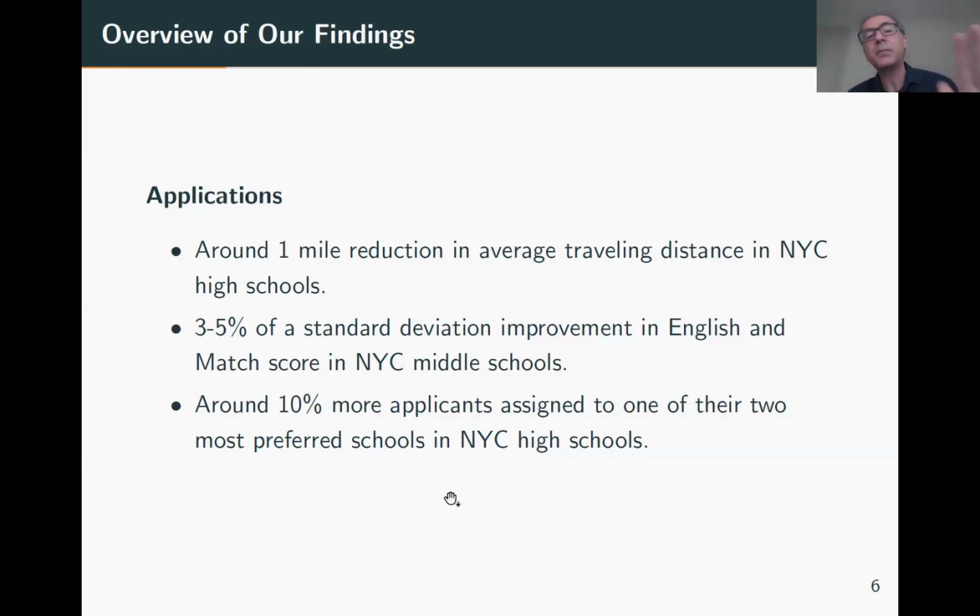Student preferences are going to be impacted by distance, of course. But on top of this constraint, the school district also wants to pick a stable assignment that is going to optimize over their match quality, whatever it is. That's right. As our applications are going to show, leaving this decision to parental preferences and school priorities and stability is not going to be enough to optimize in that direction.